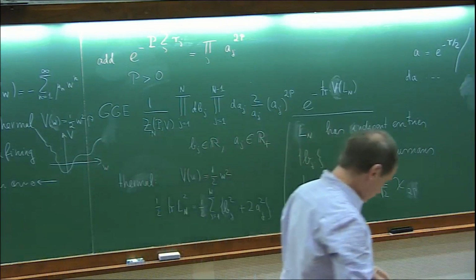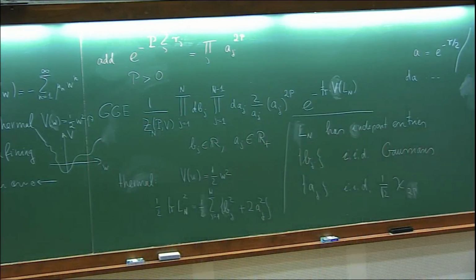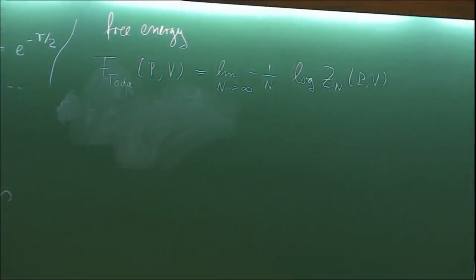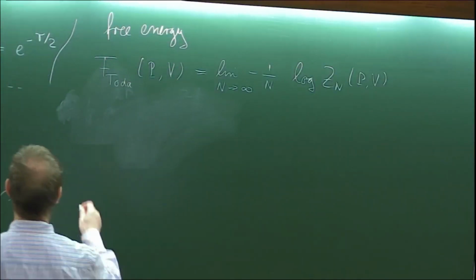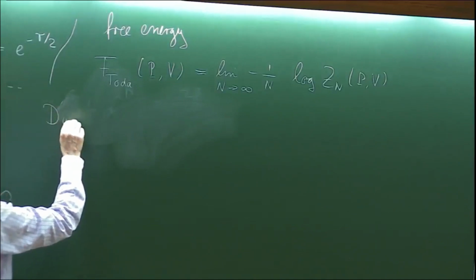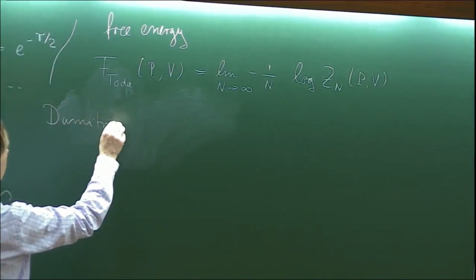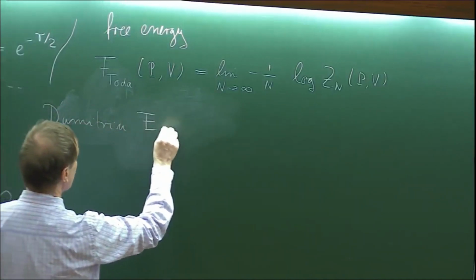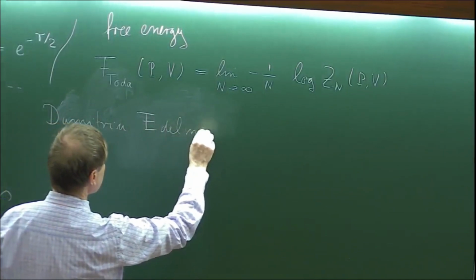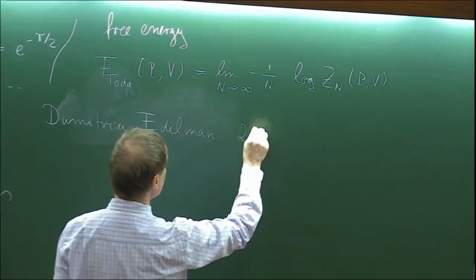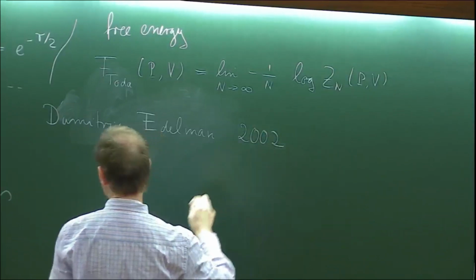And as life goes, sometimes one is lucky, and there is a paper by Dumitriu and Edelman, which is pretty well known in the random matrix community, written in 2002.